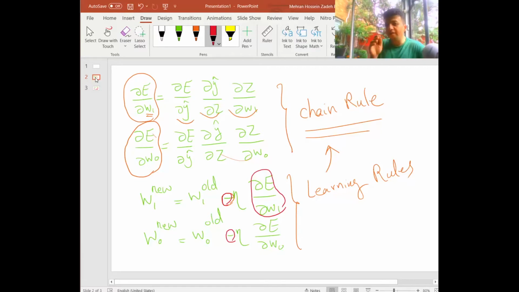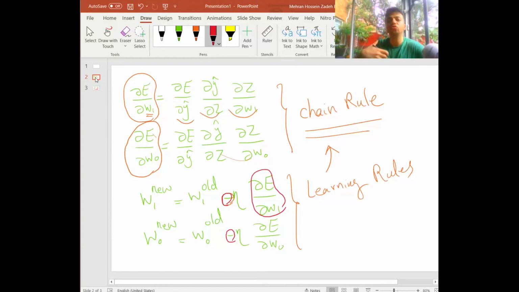Okay? So if that value was positive, I'm going to say minus that positive value. So W1 old will be subtracted, will become less. That means you're reducing your W. And in the second case, when the derivative of your error with respect to your W0 is negative, you're saying minus that negative number, which will be minus multiplied by minus, will become a positive value.